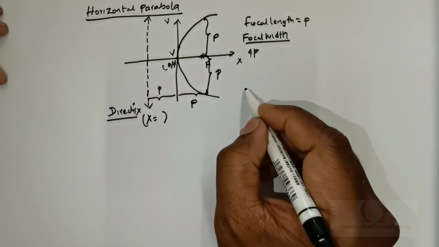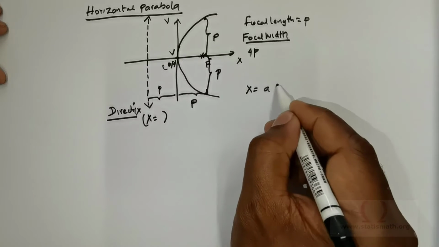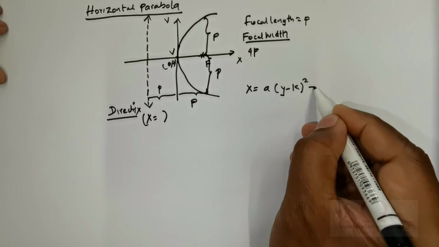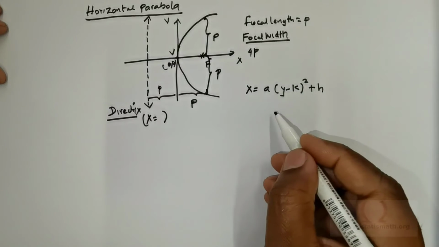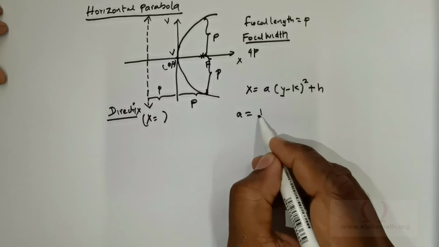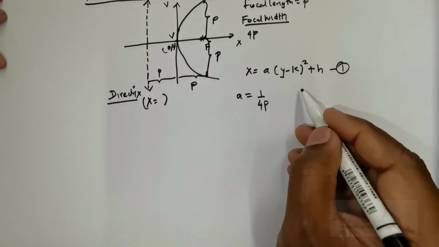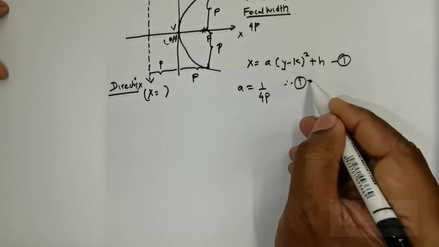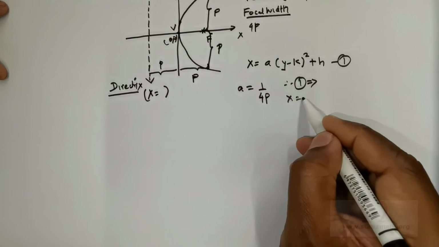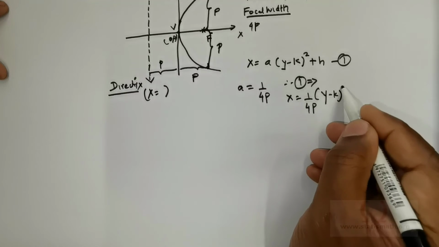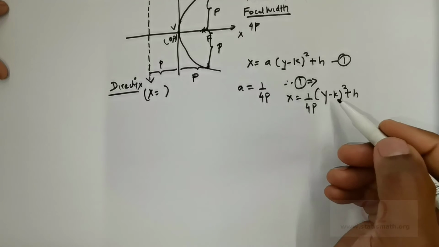The form of the parabola is going to be x is equal to a times (y minus k) raised to the power 2 plus h. The value of a is given as 1 over 4p. So x is equal to 1 over 4p times (y minus k) raised to the power 2 plus h.